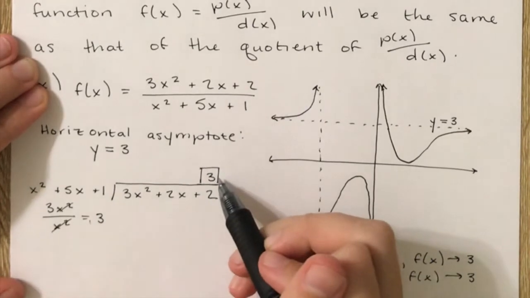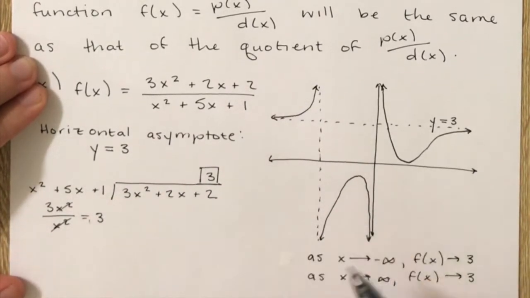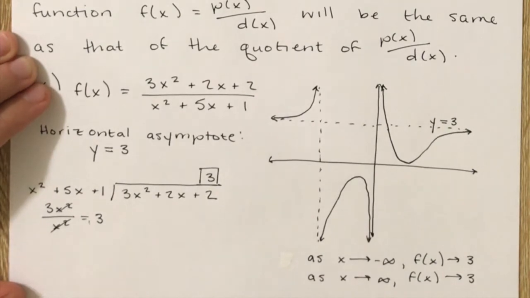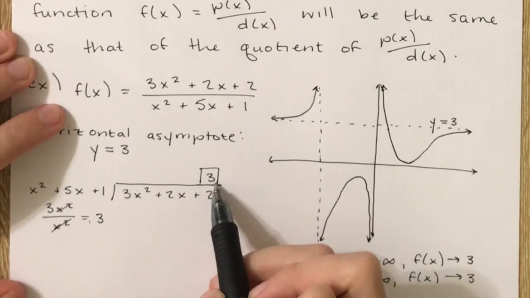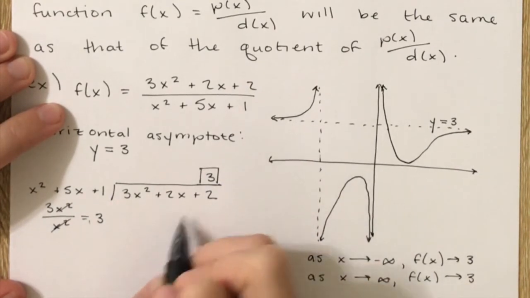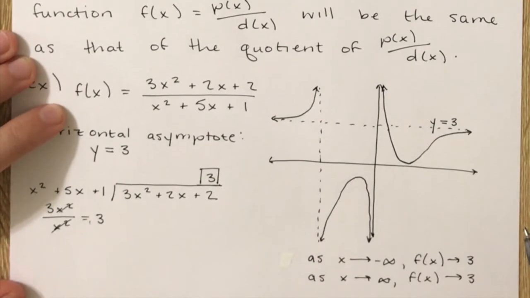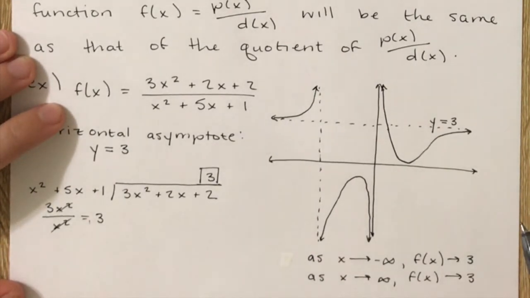We could do the whole multiply by the divisor and whatever, and that would give us the remainder, but we're not asked for the remainder. We're just asked for the quotient. So the quotient is 3. The line y equals 3 gives us the same end behavior as this graph because y equals 3 was the horizontal asymptote.